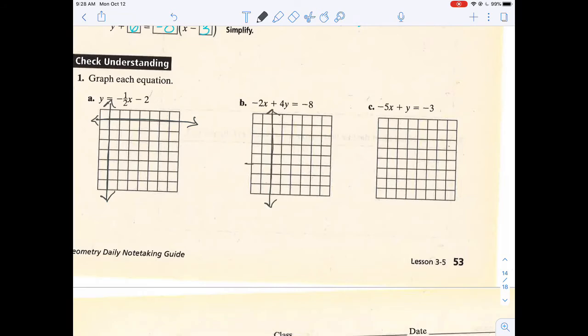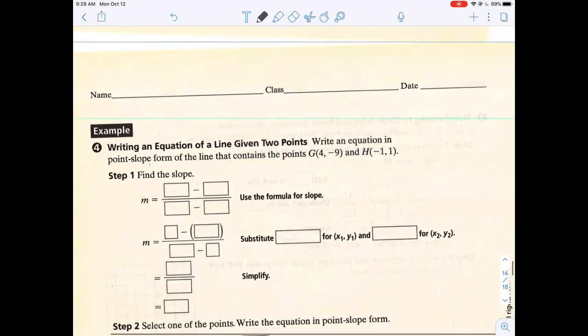These are where I drew them. Okay, so there's where I put my axis, and then you can use what you know about the lines to graph each of those on the axis.